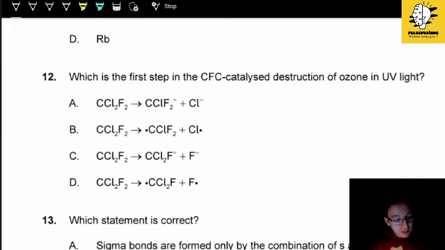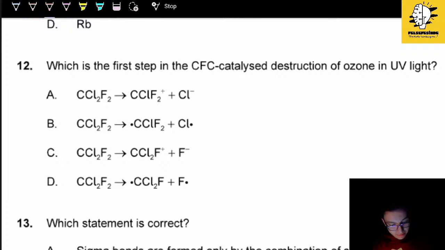So, should I write all the required equations for this destruction? So we have 1, 2, 3, and 4 equations for this. And it is asking for only the first step. We are very lucky. So let me write them.